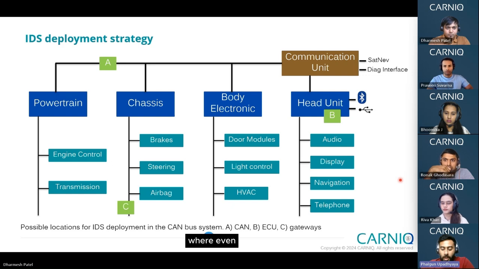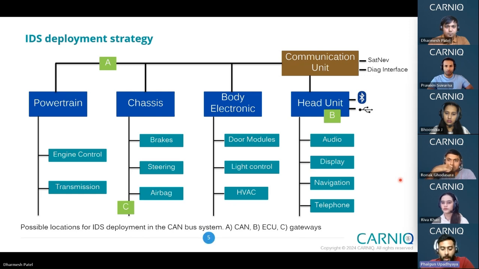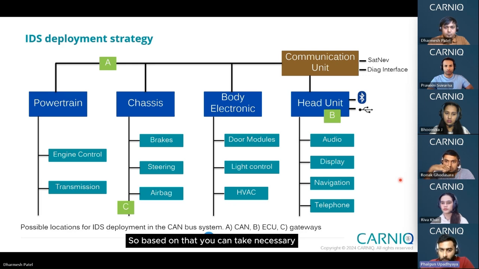This is where even post production you need to monitor all the activities that happen, the cybersecurity incidents that happen, and you need to prepare your incident response, so till your decommissioning happens. So this is where IDS definitely will help you to detect the security events, as Dharmesh previously mentioned. So there are SEVs and QSEVs. So based on that you can take necessary actions.